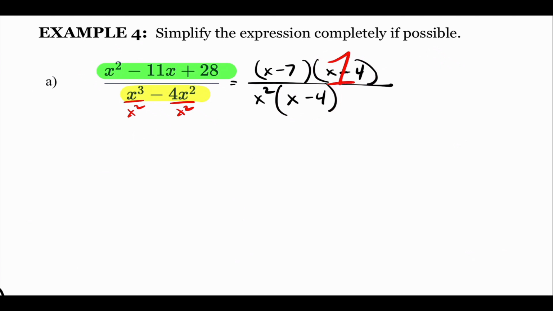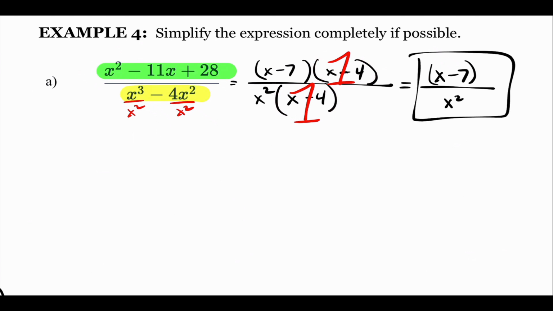Now, this binomial and this binomial match, so I can cancel those out. So I have x minus 7 on top and just x squared on the bottom. No more binomial on the bottom, just a monomial. That's all that's left.